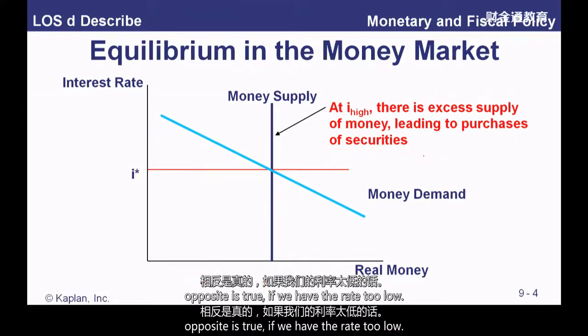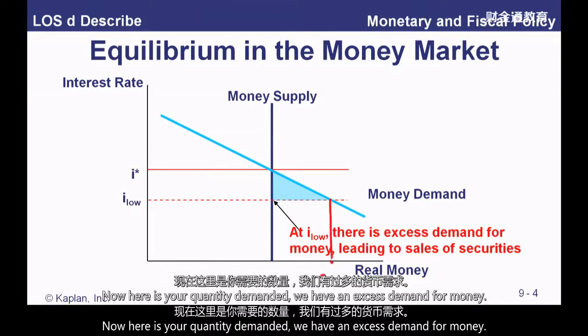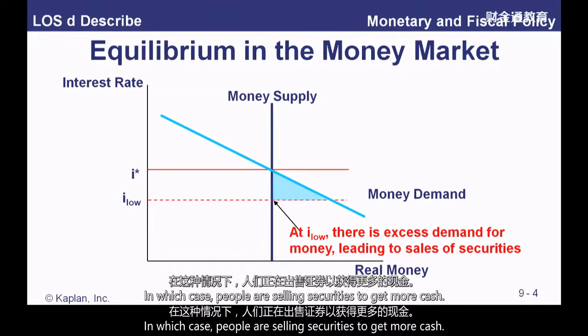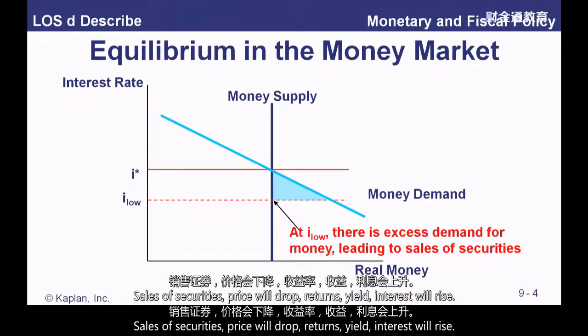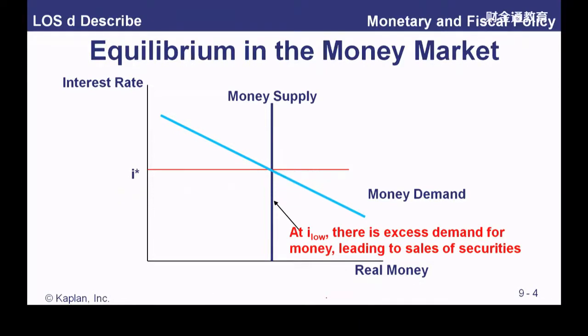Opposite is true. If we have rates that are too low, now here's your quantity demanded. We have an excess demand for money, in which case people will sell their securities to get more cash. Sell securities, prices will drop, returns, yields, interest will rise and bring us back to an equilibrium.